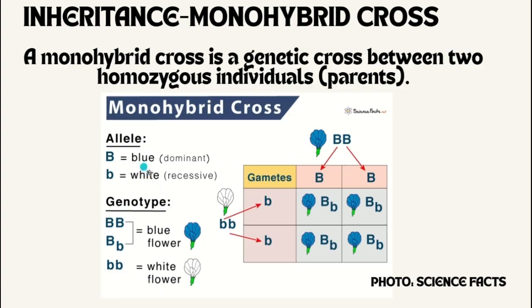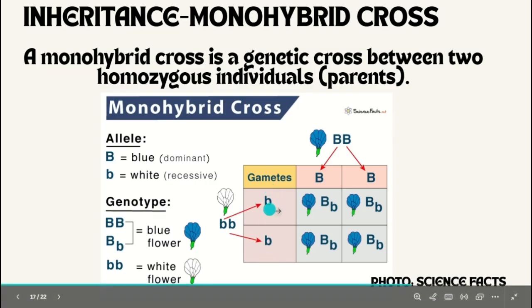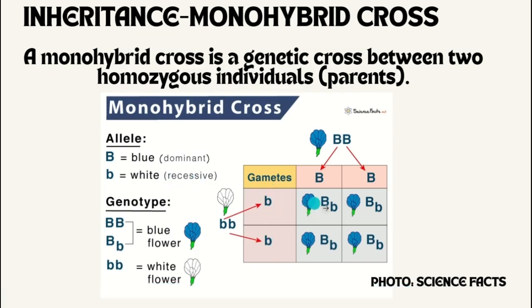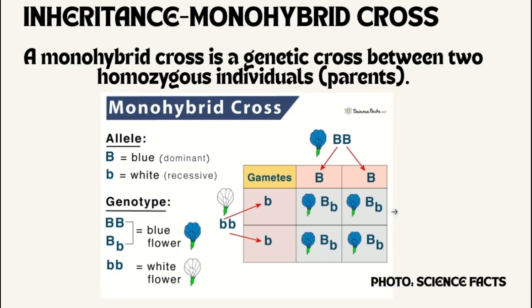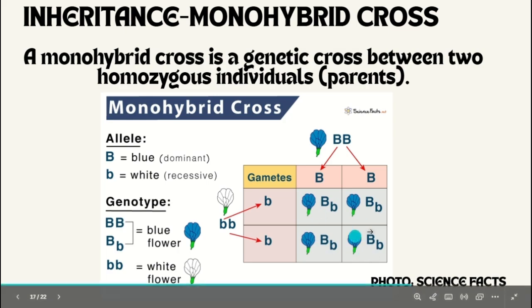Big B is blue, which is dominant, and little b is white, which is recessive. If we cross homozygous dominant blue with homozygous recessive white, we're going to get 100% blue flowers, right?